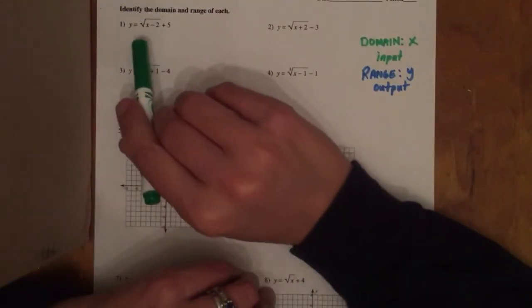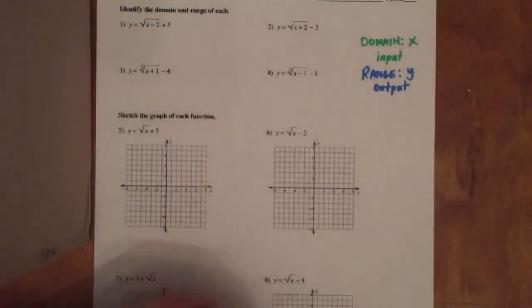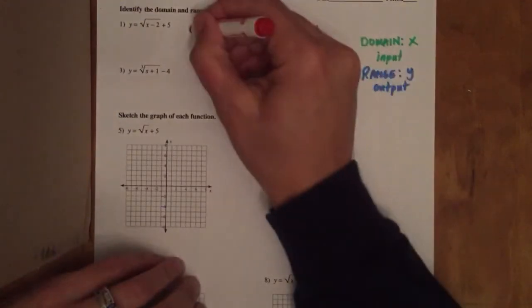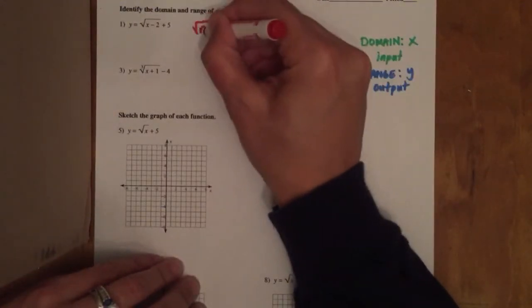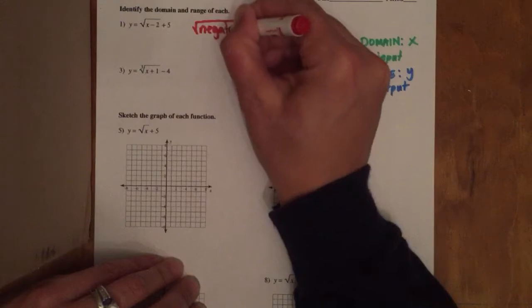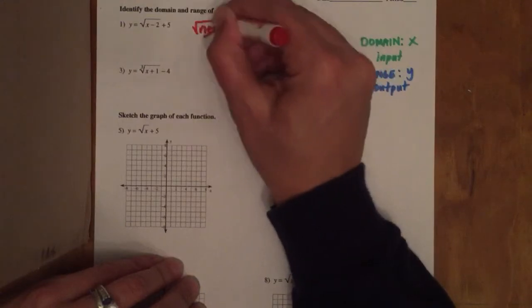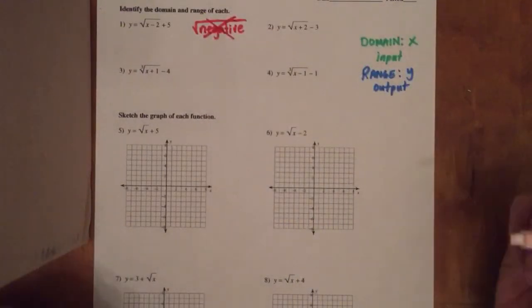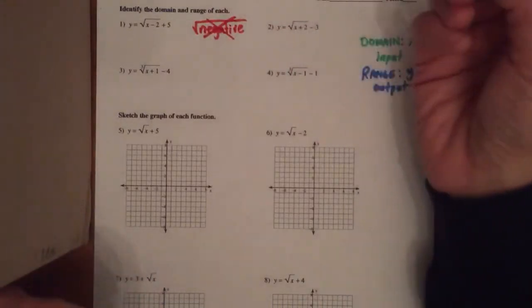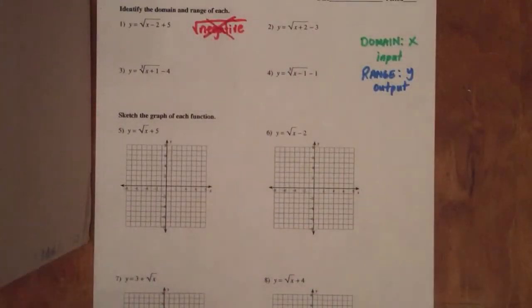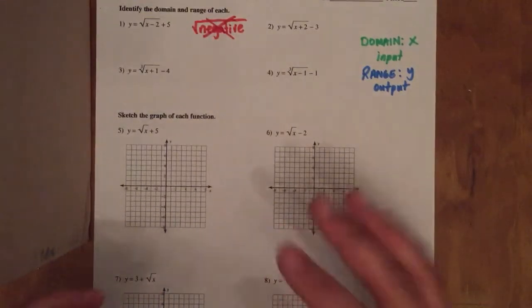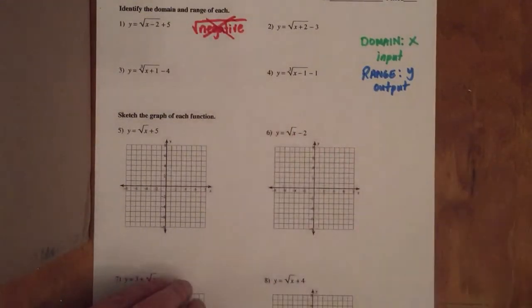Dealing with square roots, the one thing that we know is that we cannot have the square root of a negative number. We can, and we've discussed that, and that's i, which is an imaginary value, but we're not interested in i right now. We're interested in something concrete that we can actually put on these graphs.